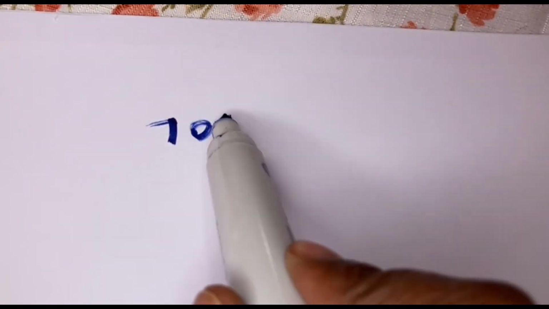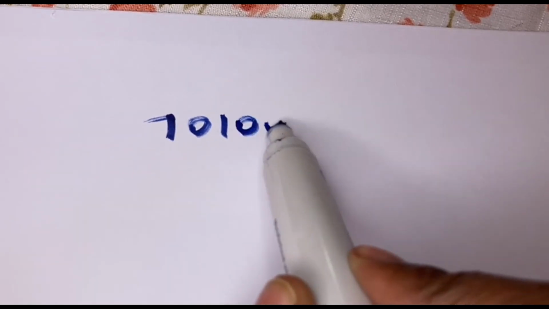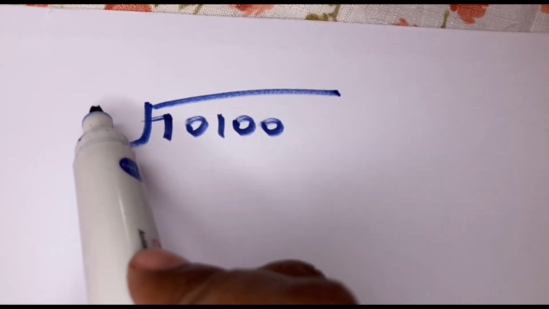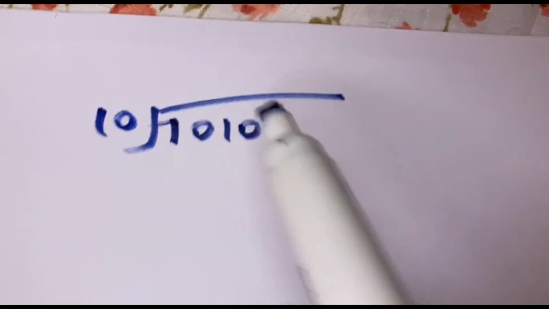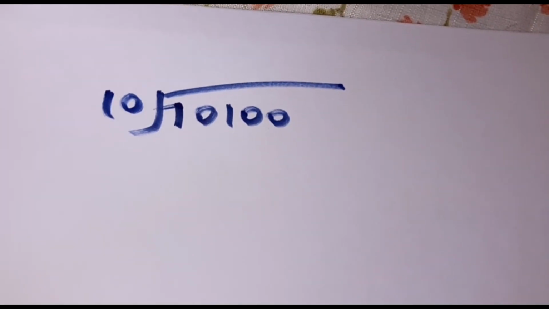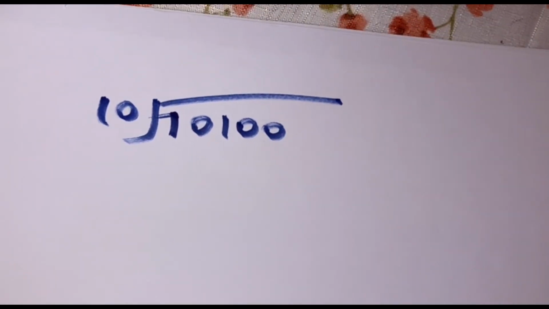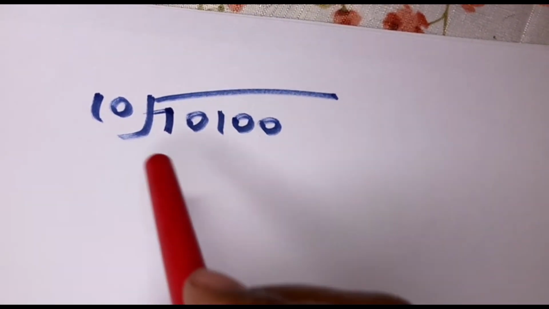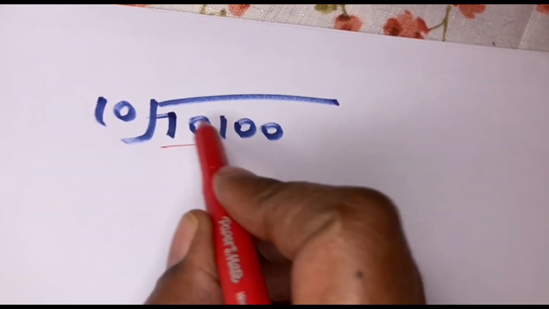So our next example is 1, 0, 1, 0, 0 divided by 1, 0. Let's divide 1, 0, 1, 0, 0 by 1, 0. Again, we have to check the first two digits here.